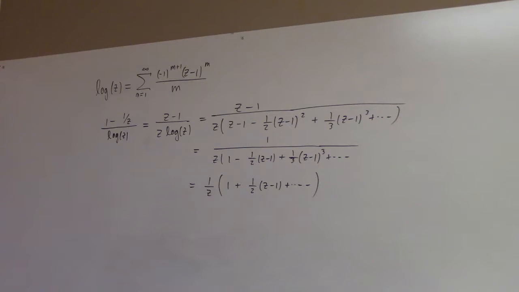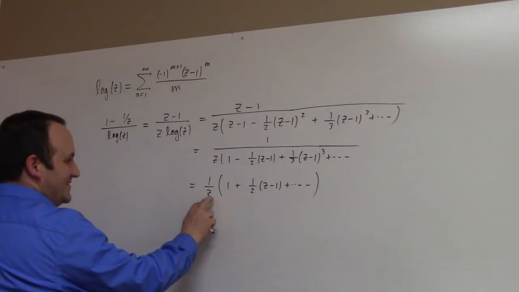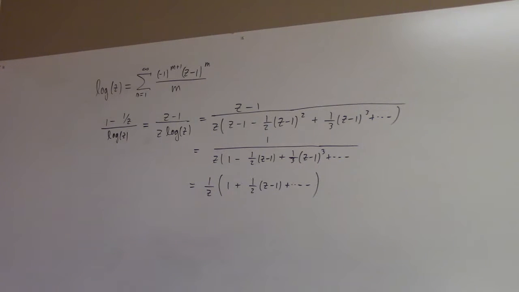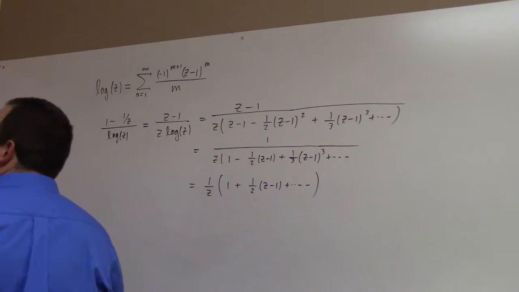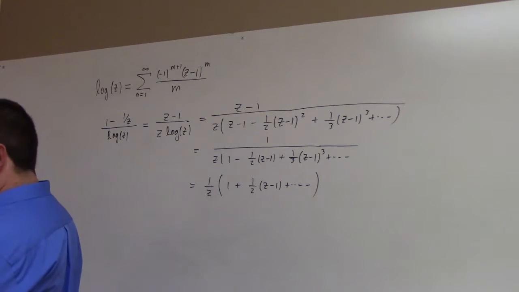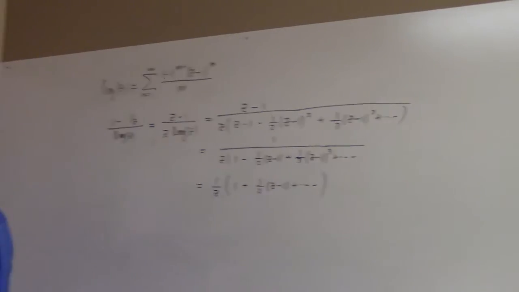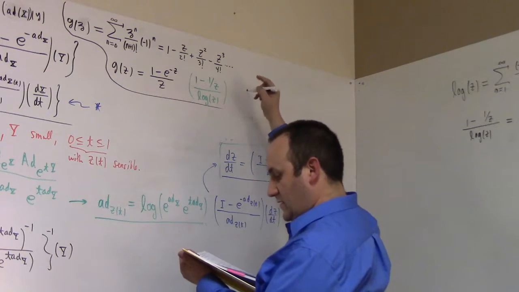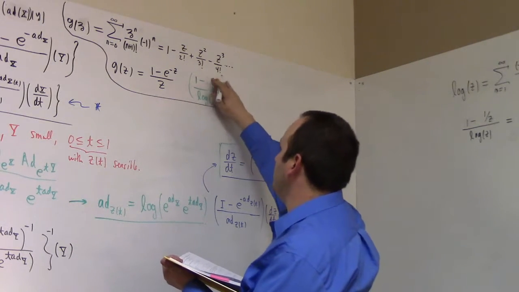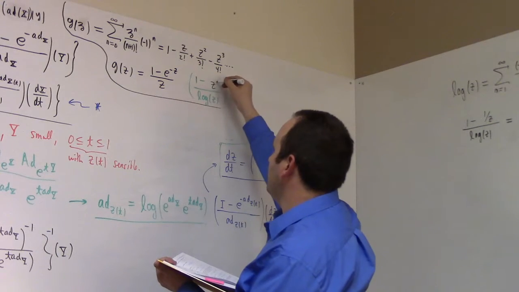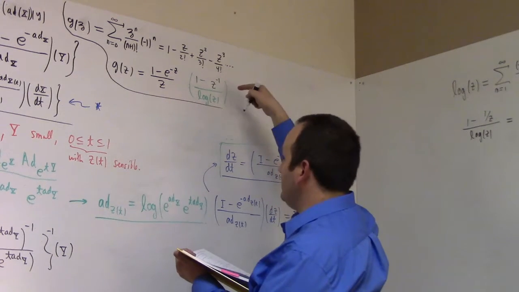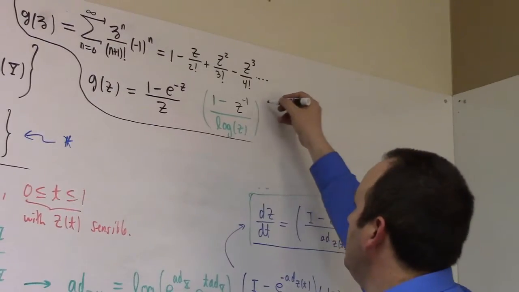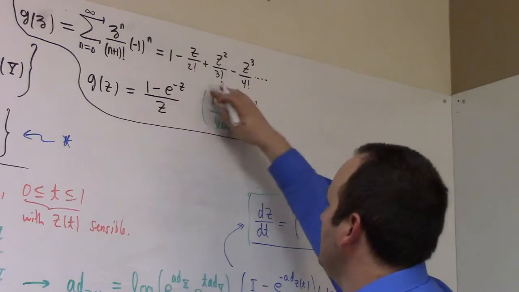I've been doing long division in Calc 2 lately, so I know this. But this, on the other hand, is still not in the way it should be formulated. This seems irrelevant. I'm going to erase this. What are we trying to get to with that? Well, he claims, here's what he writes. He says g of z is equal to 1 minus z inverse, he doesn't write 1 over z, just to be clear, he writes z inverse, divided by log z, and then he's got these curly brackets here, just in case I'm dumb.